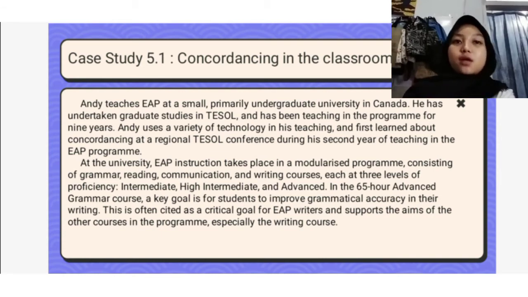At the university, EAP instruction takes place in a modularized program consisting of grammar, reading, communication, and writing courses, each at 3 levels of proficiency: intermediate, high intermediate, and advanced. In the 65-hour advanced grammar course, a key goal is for students to improve grammatical accuracy in their writing.